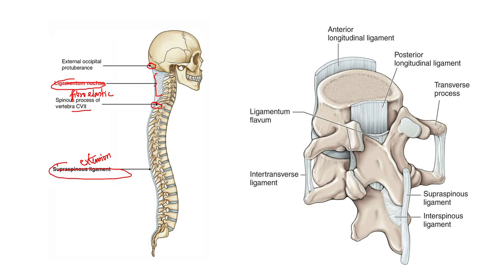vertebra. Okay, so here you can see the body of the vertebra, and in front of the body of the vertebra you have the anterior longitudinal ligament, and on the posterior surface of the body of the vertebra we have the posterior longitudinal ligament.